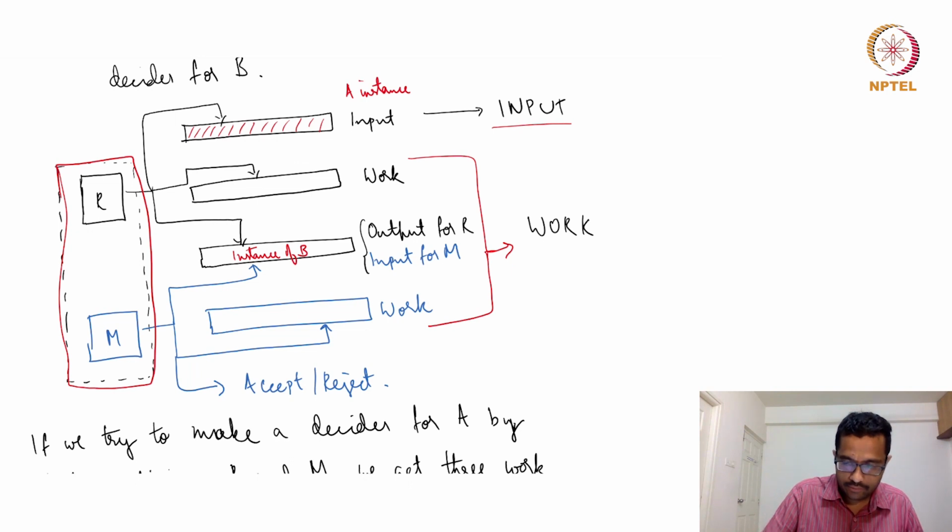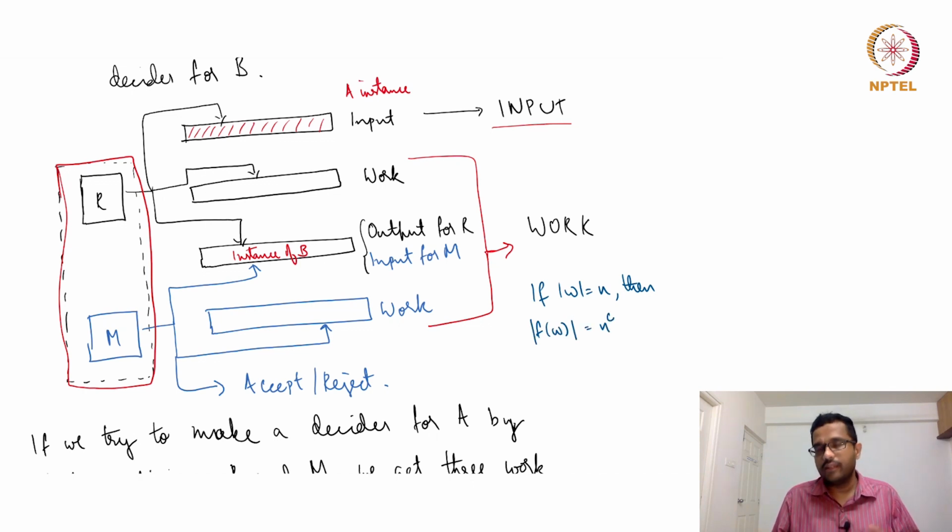If the length of w is n, then the length of f of w could be polynomial in the length of w. So the space usage just by the length of the B instance will itself be polynomial. What we are shooting for was logarithmic in n. So this does not work.